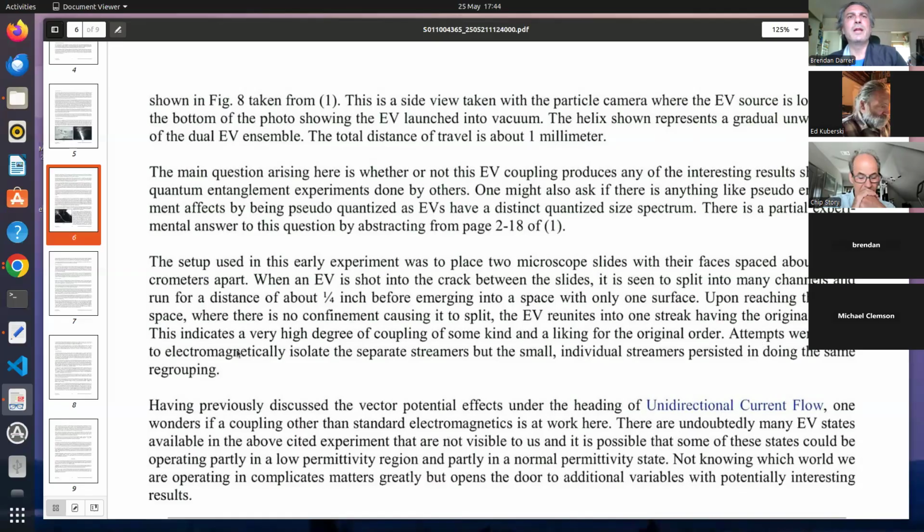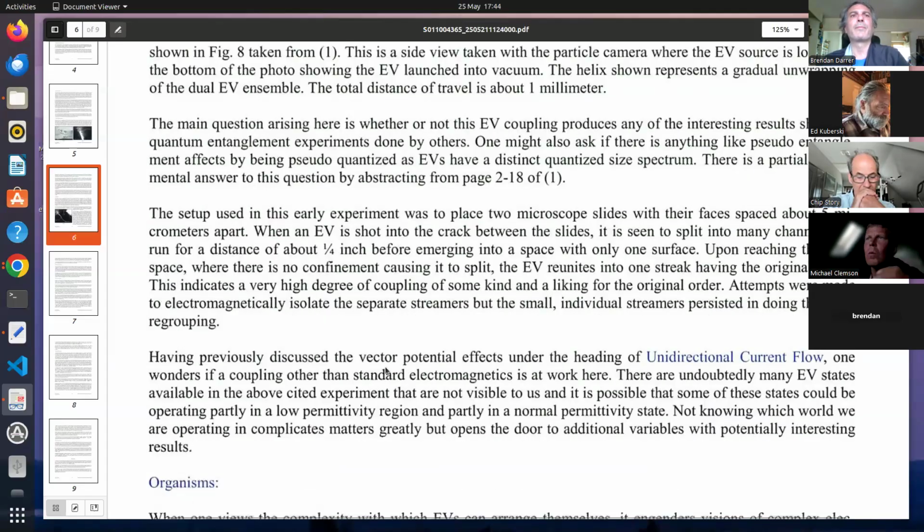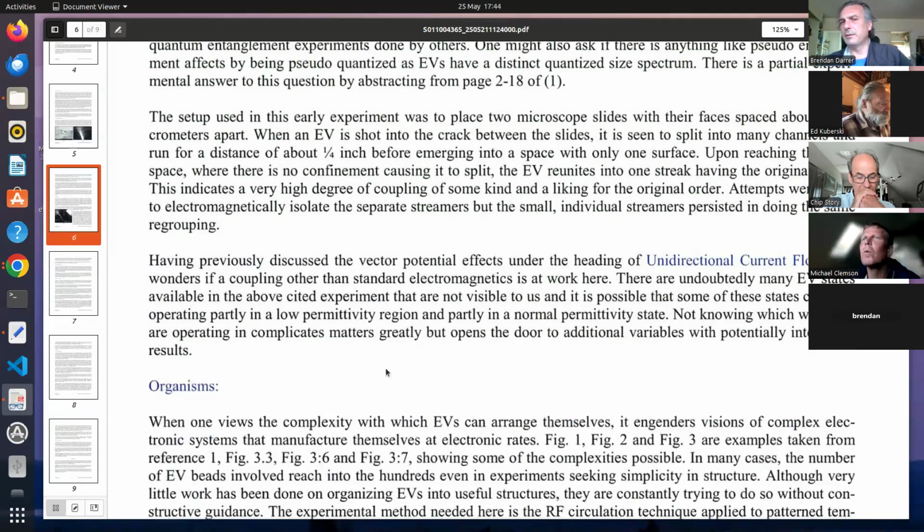Attempts were made to electromagnetically isolate the separate streamers, but the small individual streamers persisted in doing the same regrouping. Having previously discussed the vector potential effects under the heading unidirectional current flow, one wonders if a coupling other than standard electromagnetics is at work here.